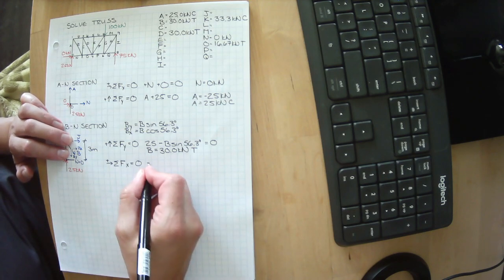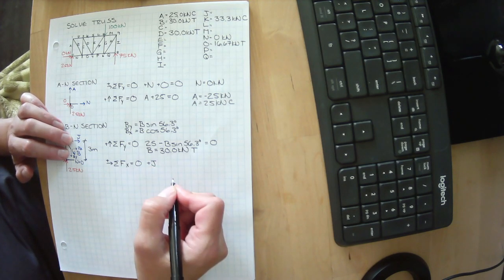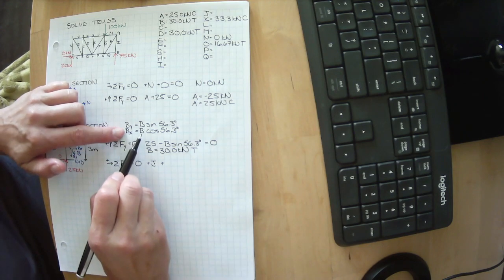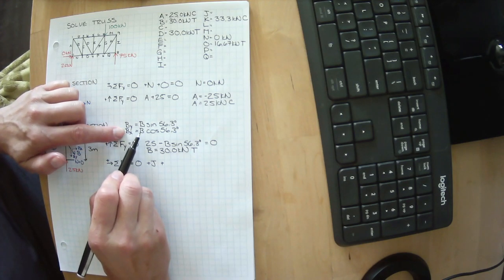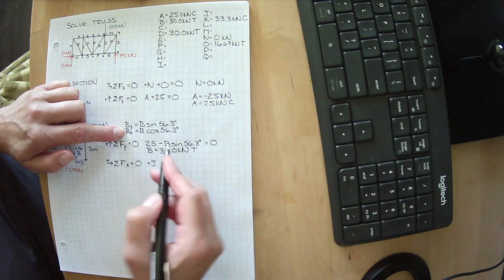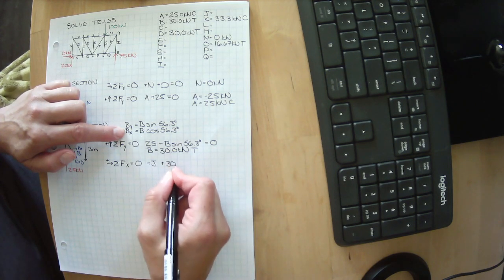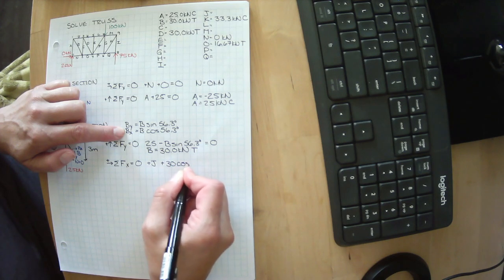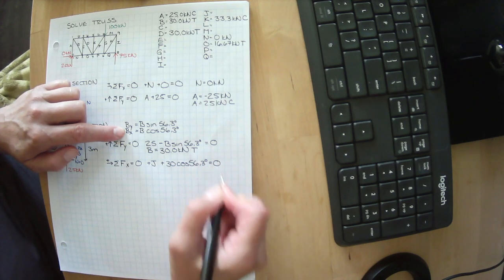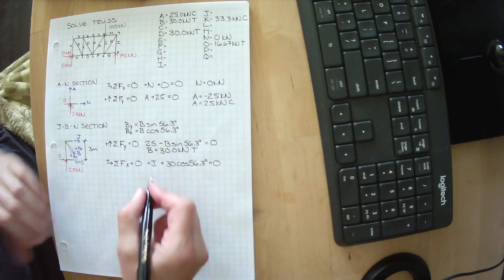J is in the positive direction, BX is in the positive direction. We know that BX can be written as B cosine 56.3, but we've already solved for B. So 30 times the cosine of 56.3 degrees plus J equals 0. We can solve for J.